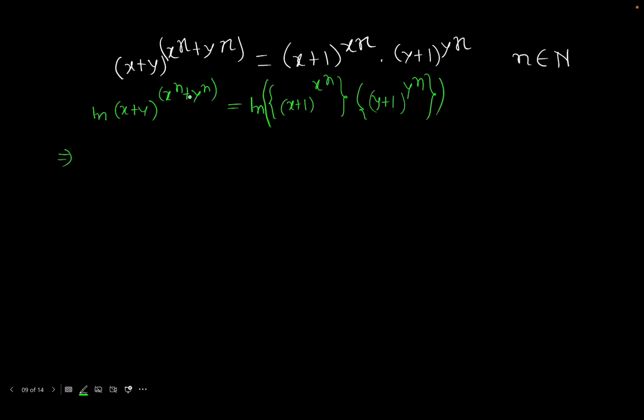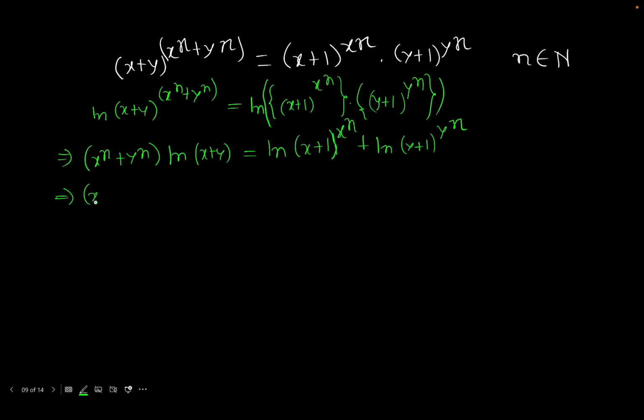Now we can take this x to the power n plus y to the power n in front of this term. These two terms are in multiplication, so we can write it as ln x plus 1 to the power x to the power n plus ln y plus 1 to the power y to the power n.